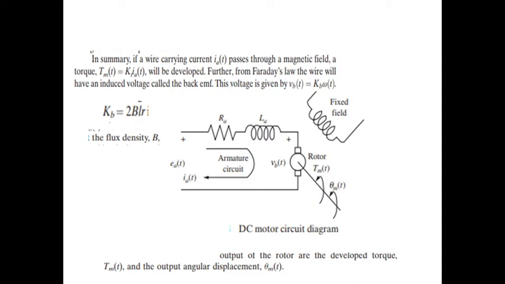Due to that reason, whenever the rotor is rotating under a magnetic field, it will cut the magnetic field, and so electricity is generated in the rotor coil. This EMF, whatever is generated, is called back EMF.